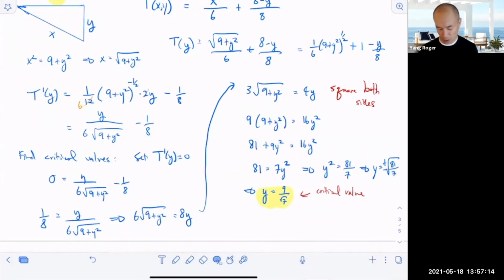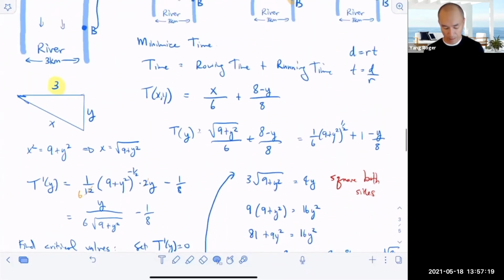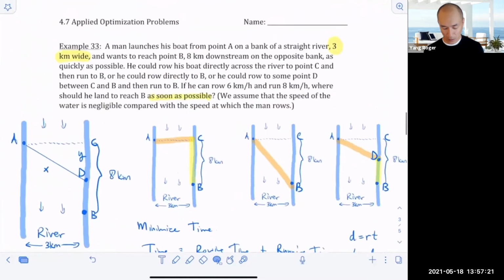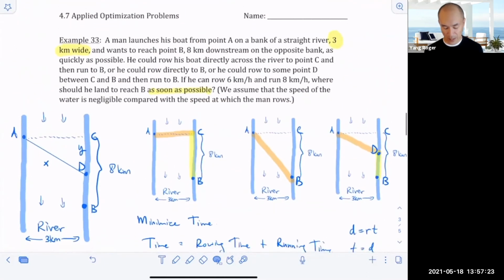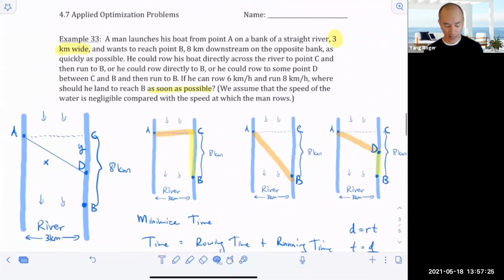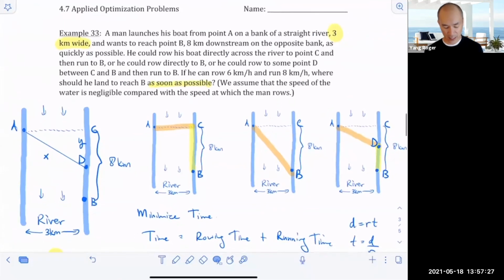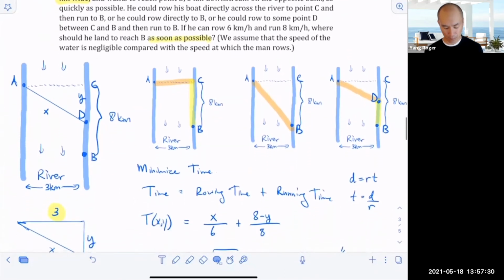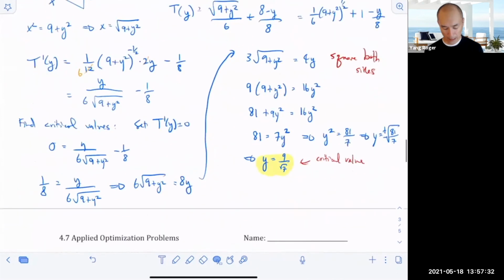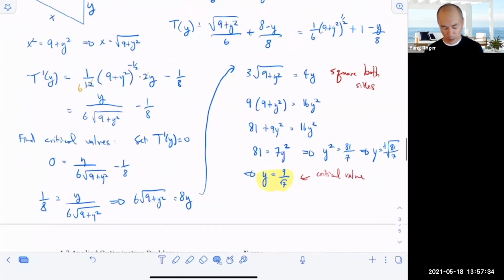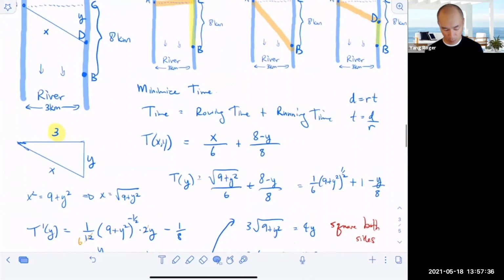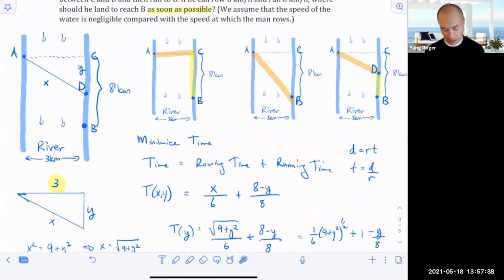Okay, so remember, we are trying to minimize time. And in this particular case, what does y represent? y represents how far along the shore we land the boat.